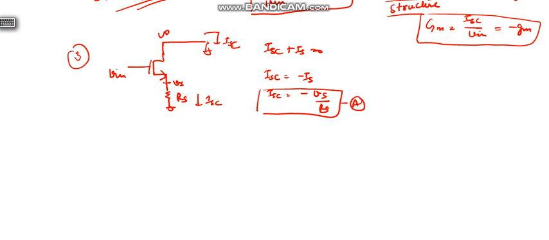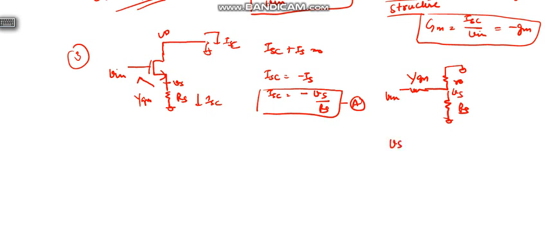Now we need to find VS in terms of V in. So how to find this? We draw the small signal model. If we see here, this will be 1 by Gm, this is RO, and this is grounded. Here this is RS, this is RO, and here we are applying V in. We have seen this kind of configuration in previous lectures.